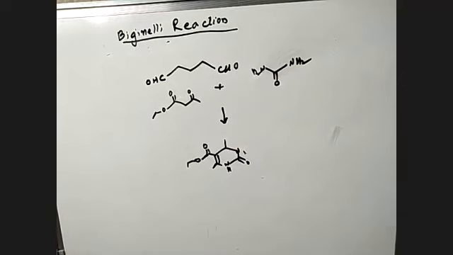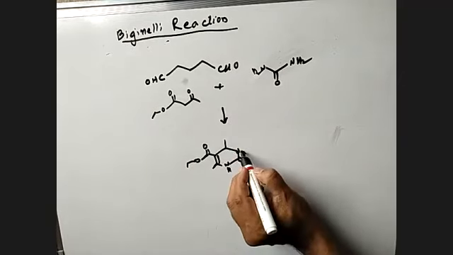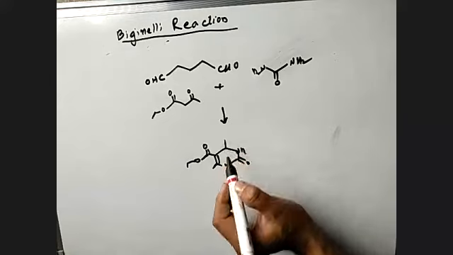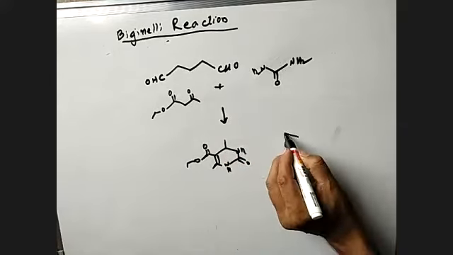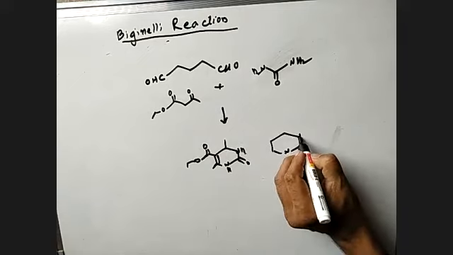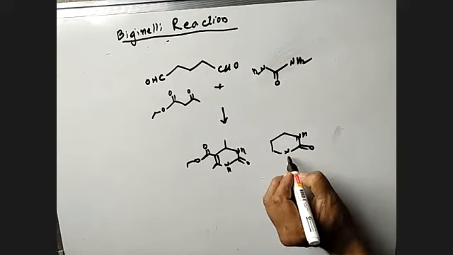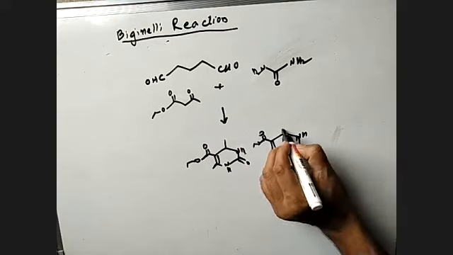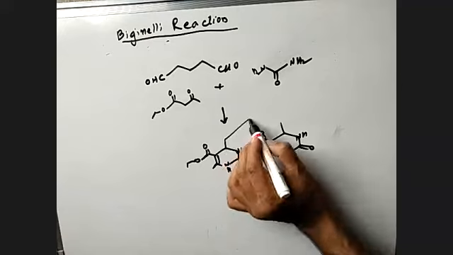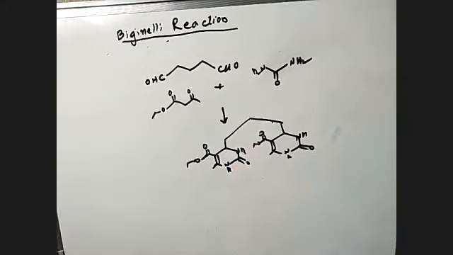Now see. So after this forms, you just have to tell how many carbons are between these two. That's it. Finish. And here, how many nitrogens? 1, 2, 3 nitrogens. Yes. So this is the Biginelli reaction.